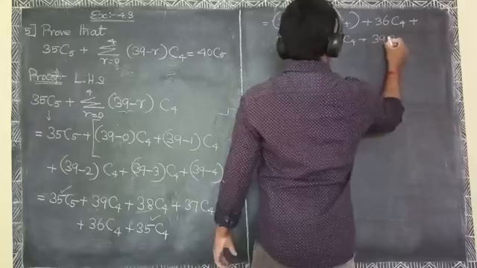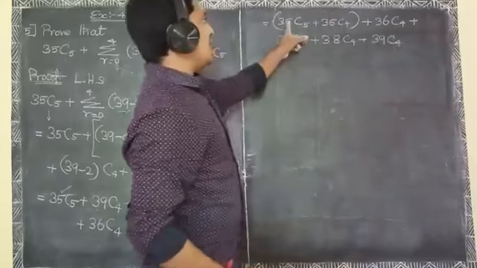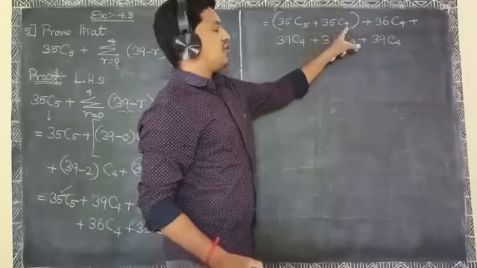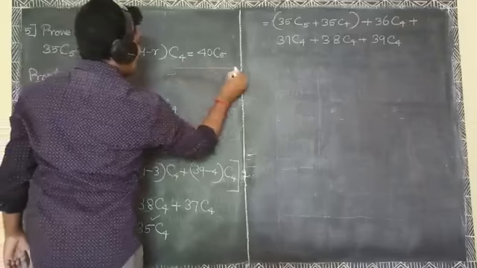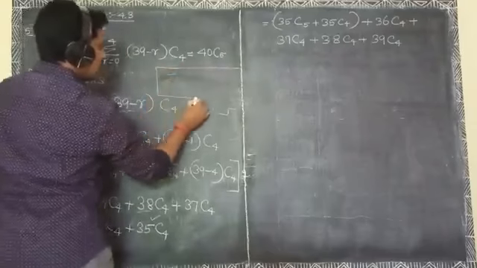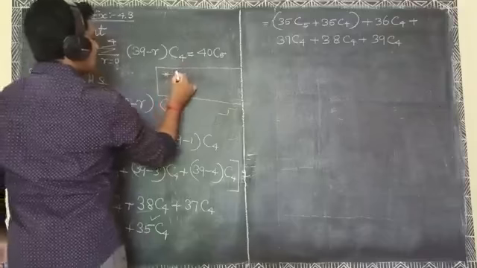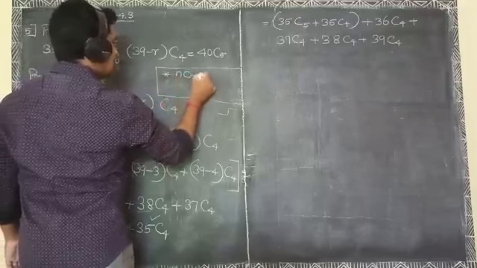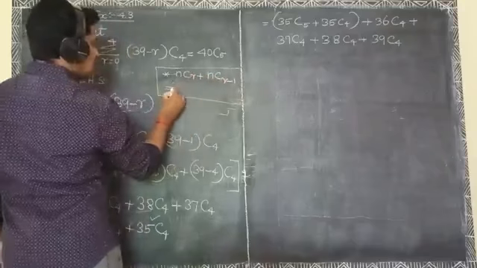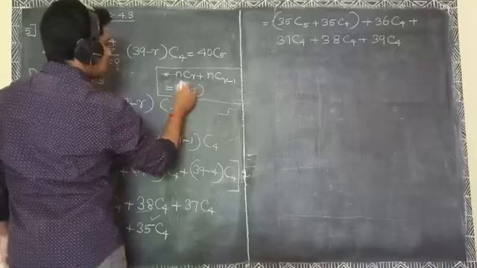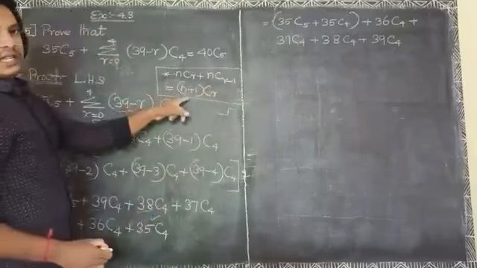Here for 35C5 plus 35C4, using the property nCr plus nC(r minus 1) is equal to (n plus 1)Cr.